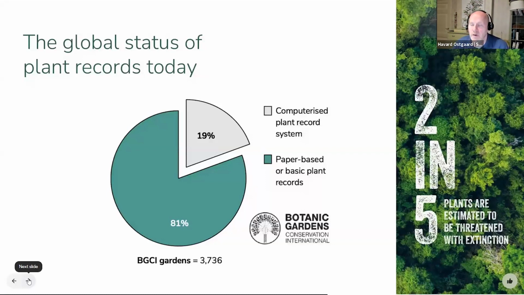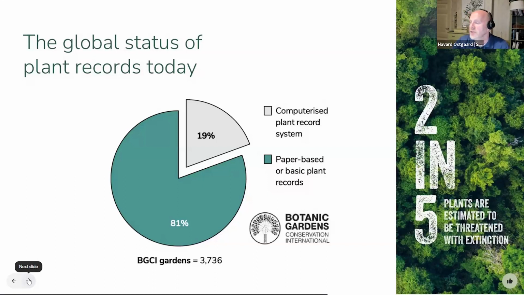Many people claim, rightly so, I think, that the way to combat plant extinction is a collective effort from all botanic gardens and also zoos who have plant records and plant collections. Having no records makes the potential for success very much reduced.